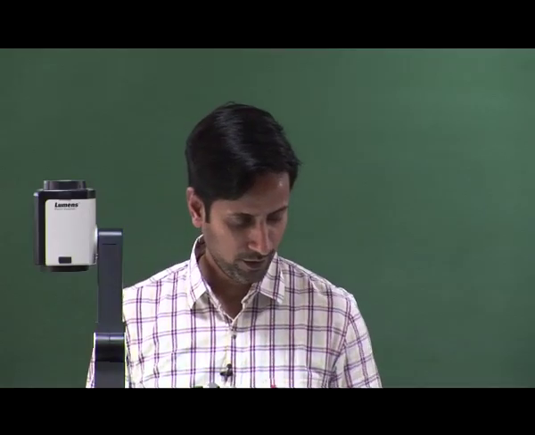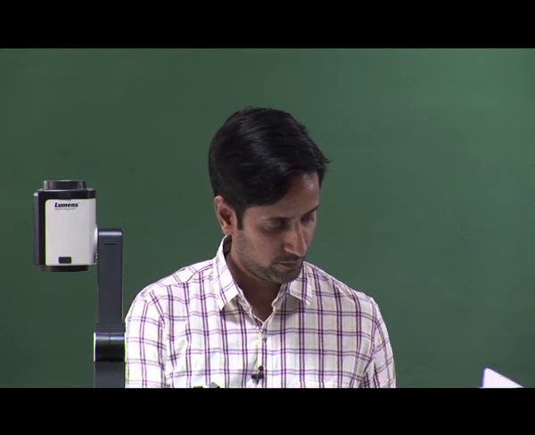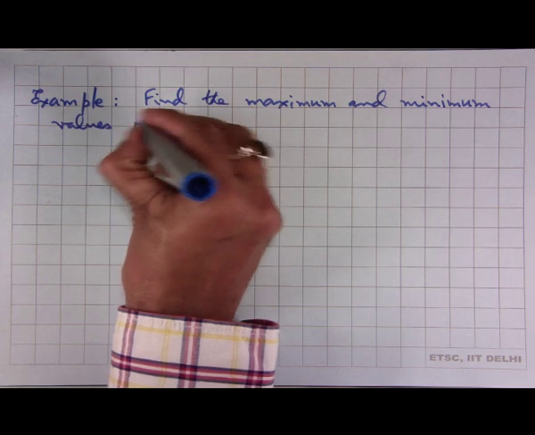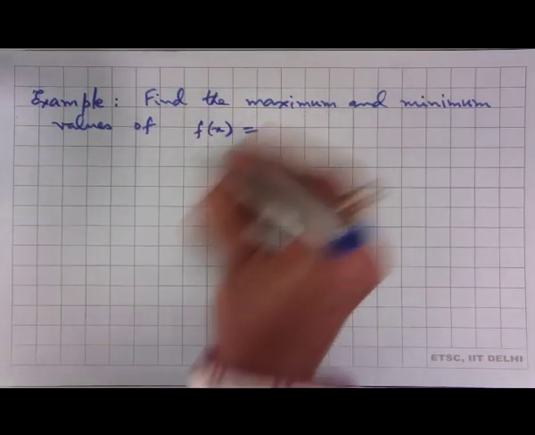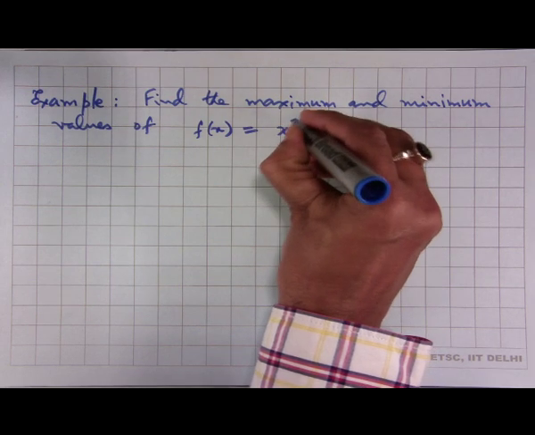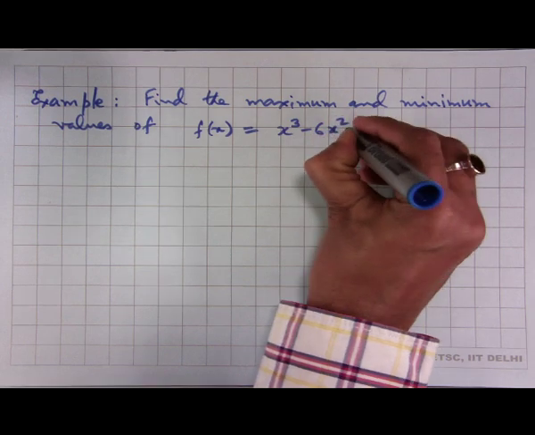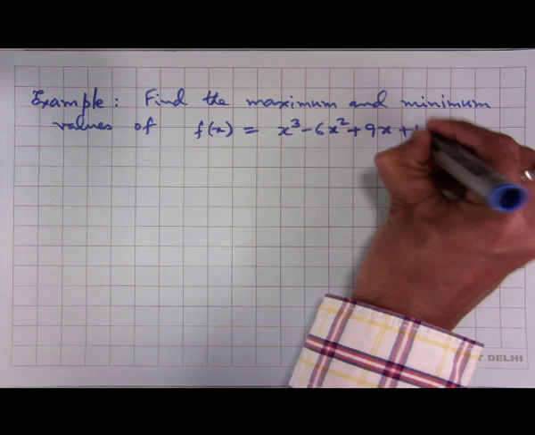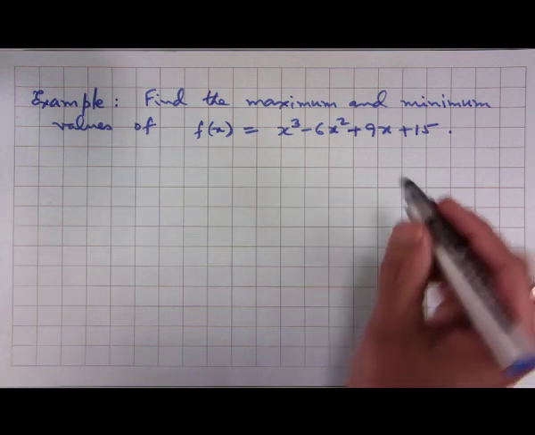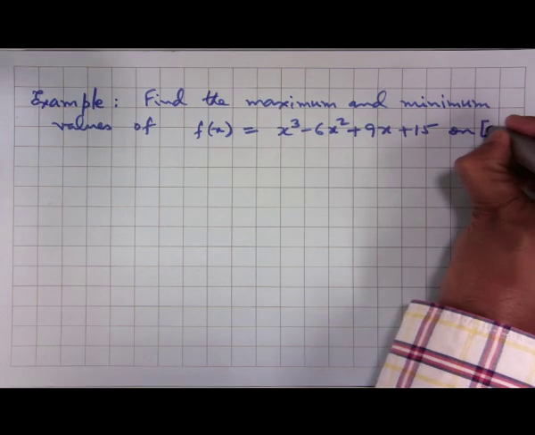So, let us look at an example. Find the maximum and minimum values of f x equal to x cube minus 6 x square plus 9 x plus 15 on the interval, let us say minus 1 to 2.